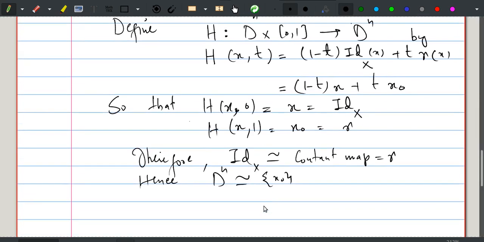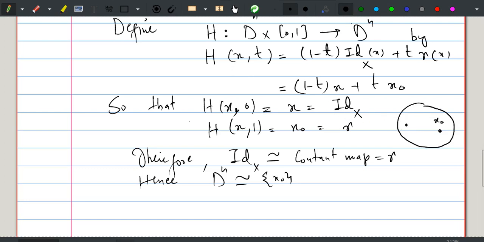Now notice here, let us consider the two-dimensional disc D2. So suppose this is our point x0 here. Now let us take a point x here. Now what this homotopy does, it joins this point x to x0, because this is a line segment through point x0 and x. So this point moves along this line segment to x0.